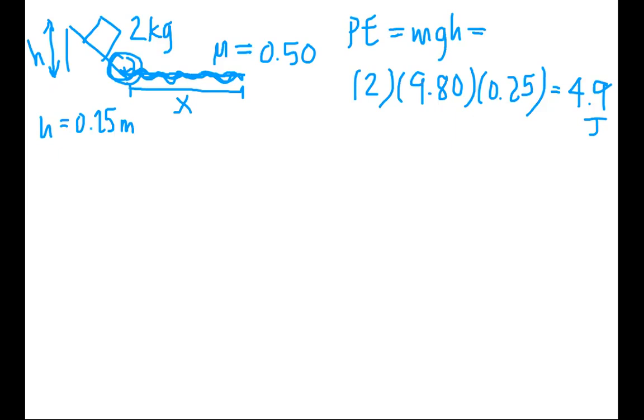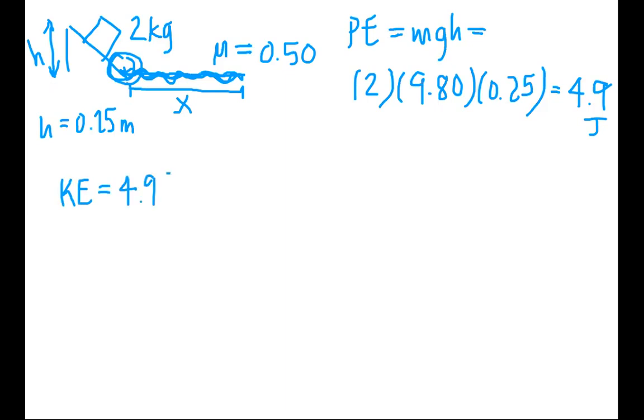So there can't be any potential energy from gravity. Okay. So as we know that all of the potential energy has been converted to kinetic energy, we can say that the kinetic energy at that point at the bottom of the ramp is also equal to 4.9 joules.